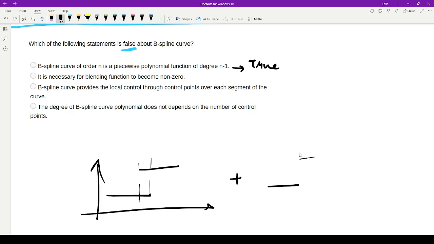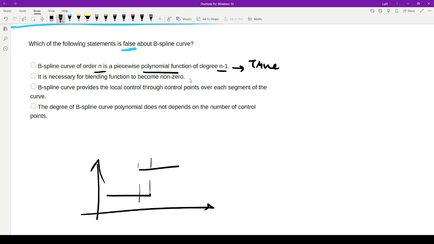Okay, I'm not getting a specific example out here, but the point is if you add polynomial functions of the degree n minus 1, you get order n polynomial functions, which is a B-spline curve. I think there are examples given in the lectures. You can refer to that.